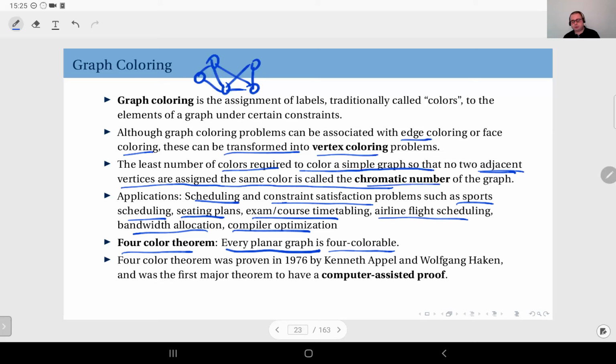Now, this theorem is important because of the way it was proven. It was proven by Appel and Haken in 1976, using a computer-assisted proof. What they did was specify certain properties that a solution has to satisfy for graph coloring, and then they classified all possible graphs into a large number of classes according to certain properties.